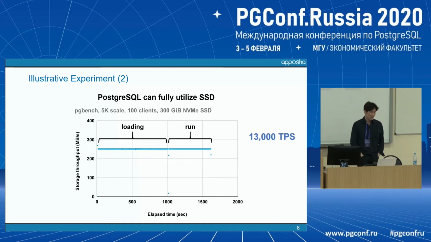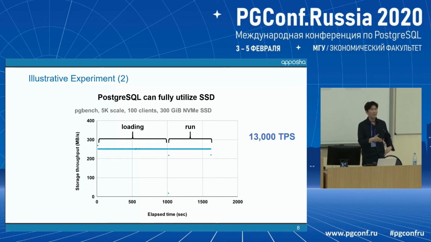So let's take a look at how PostgreSQL performs on NVMe SSD. It's pretty obvious, right? PostgreSQL can easily fully utilize NVMe SSD like this. This graph shows the storage throughput during the PGBench run.